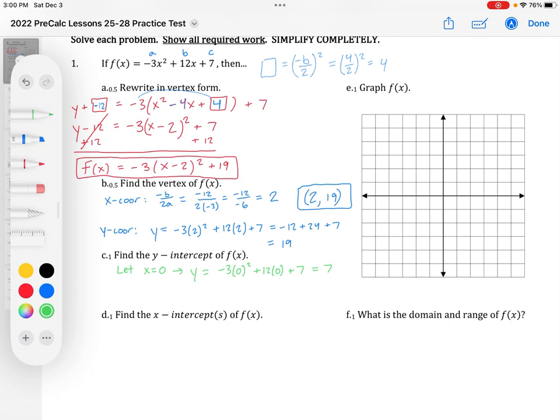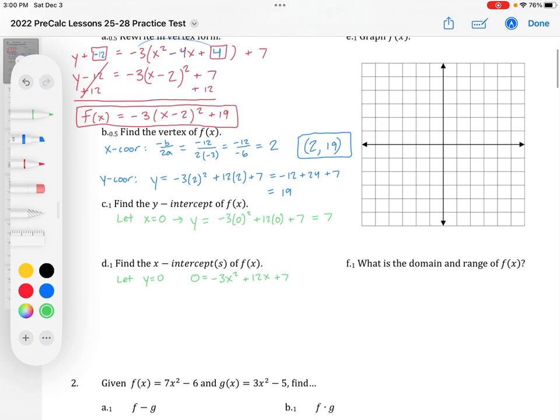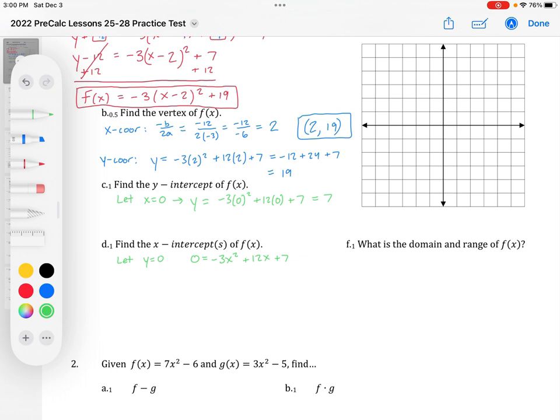To find the x-intercepts, you have to let y equal 0 and then solve it for x. So we're going to say 0 equals -3x squared plus 12x plus 7. So you could try to factor this, but it is not factorable, so we'll actually have to use the quadratic formula here.